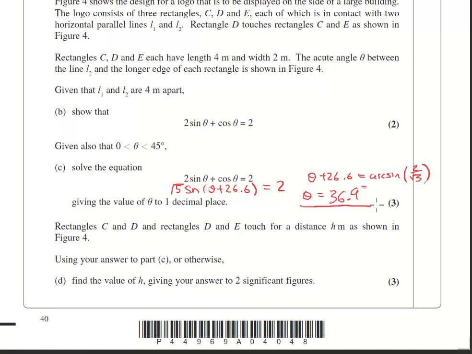And it's solved. And then for the very last part, they're basically repeating what the diagram's doing here, rectangles C and D and rectangles D and E touching at distance h. So just telling us what's in the diagram there. They want us to use our value of theta to find h. And I'd like to do that by going back up to the original diagram.